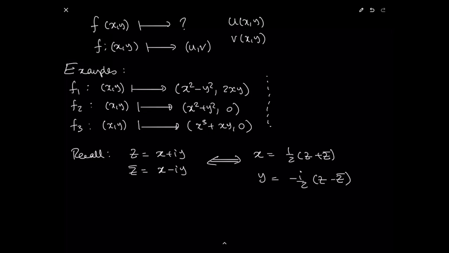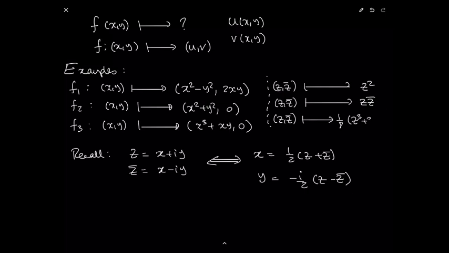Well, we get that f maps z and z bar onto z squared. This one, f2, maps z and z bar onto z times z bar. And this one is a god-awful mess, and I will write it out for you to see what it is.